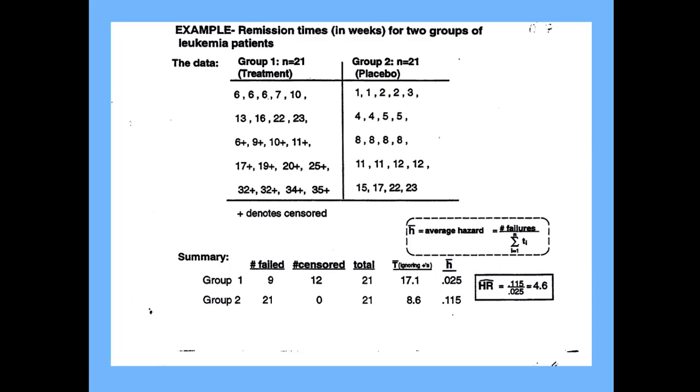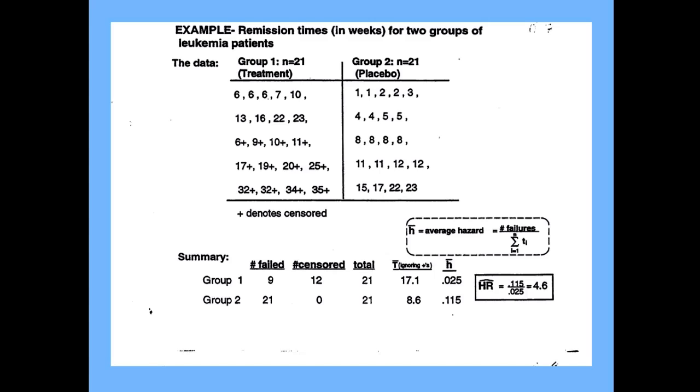Okay, so then how do you pin that down a little bit better? Well, one thing you could do is say, look, I've got a bunch of numbers over here on the left for the treatment. I'll get an average of these numbers. So I'll add up the numbers, divide by 21, since there are 21 numbers, and I'll get an average survival time, average remission time.